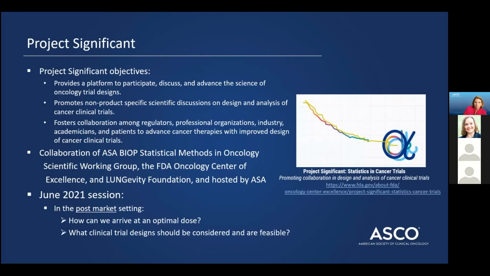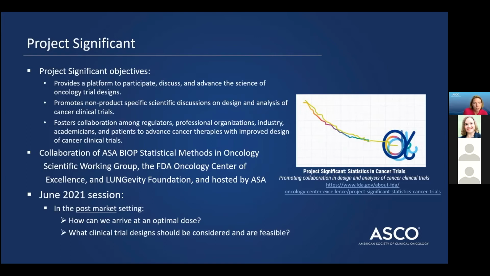Okay, so Project Significant is a collaboration of the American Statistical Association's Statistical Methods in Oncology Scientific Working Group with the FDA Oncology Center for Excellence and the Longevity Foundation, and it was organized and hosted by the American Statistical Association.